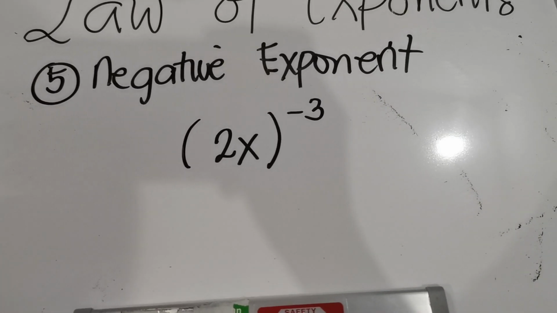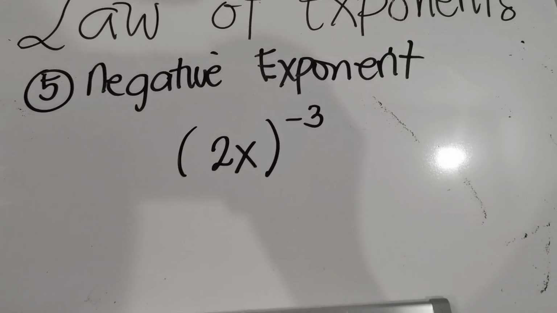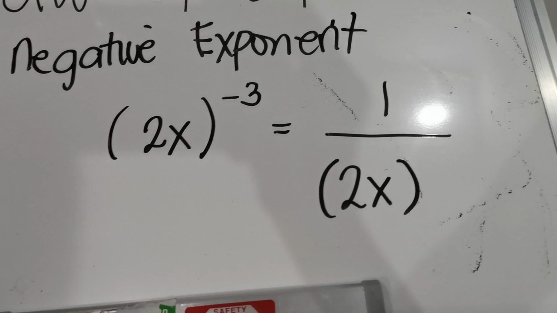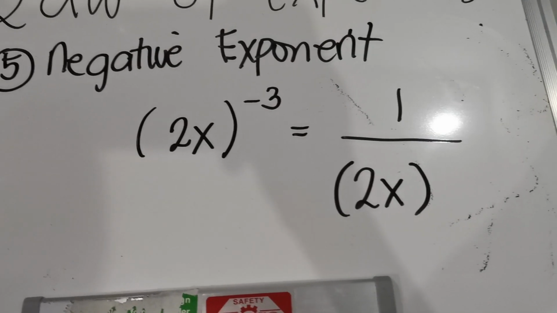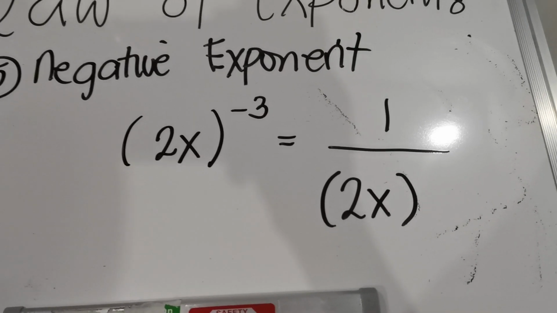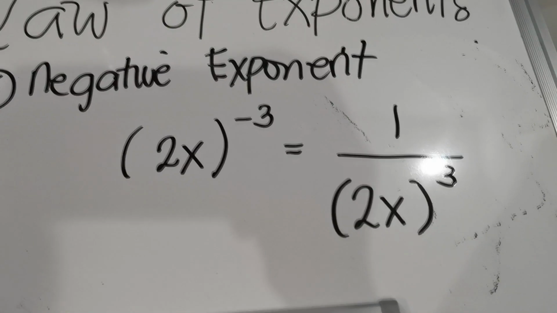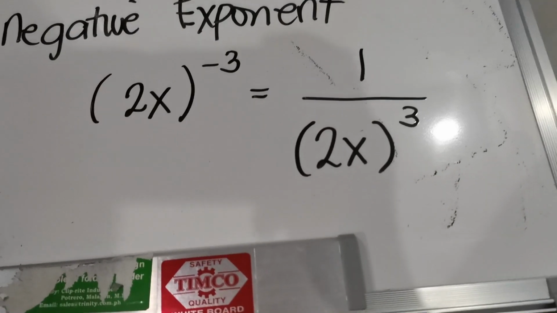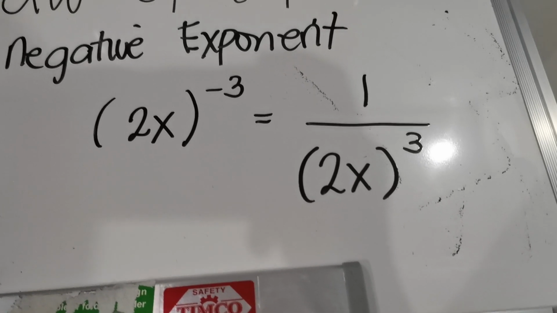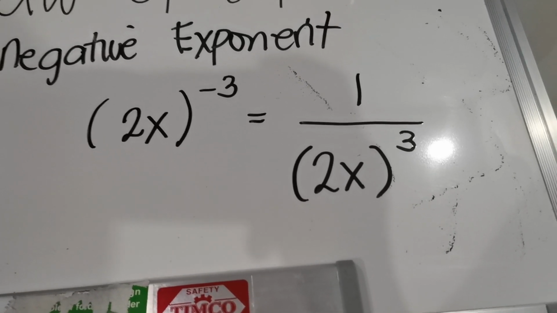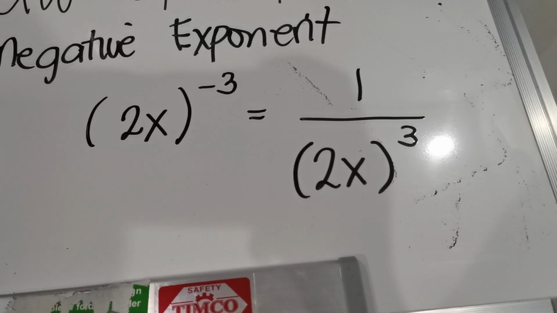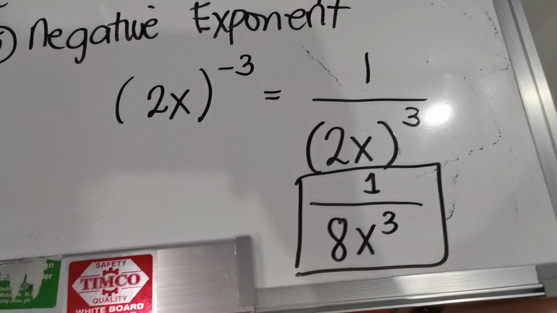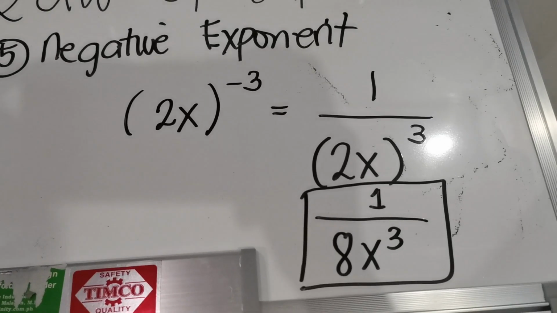Ang gagawin lang natin, get the reciprocal ng buong term na naka-raise sa negative 3. And then, from negative 3, since nireciprocal na natin siya, magiging positive 3. And then, simplify natin yung denominator. So, apply natin yung power of power. Distribute lang natin yung cube. So, 1 all over 8x cubed. Okay? Nasusundan ba, class?